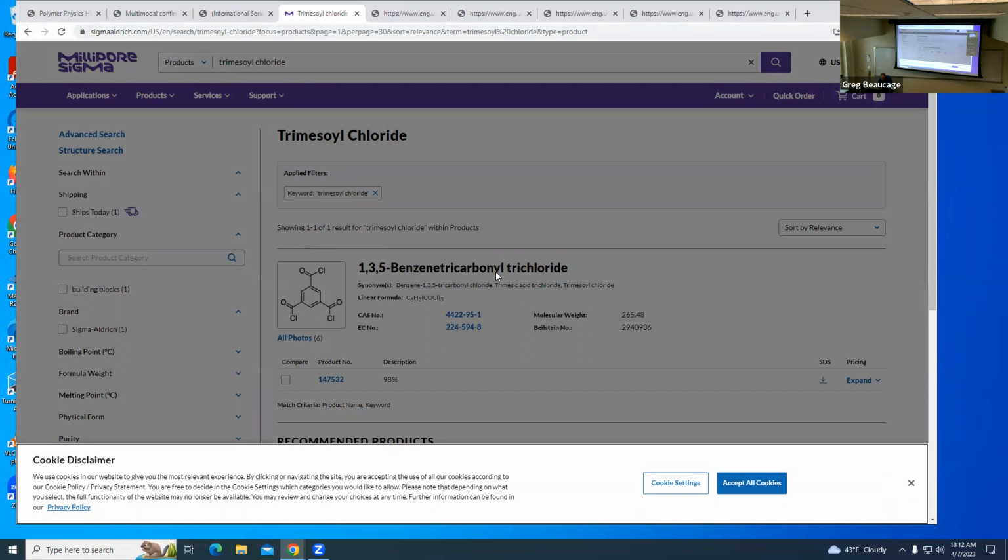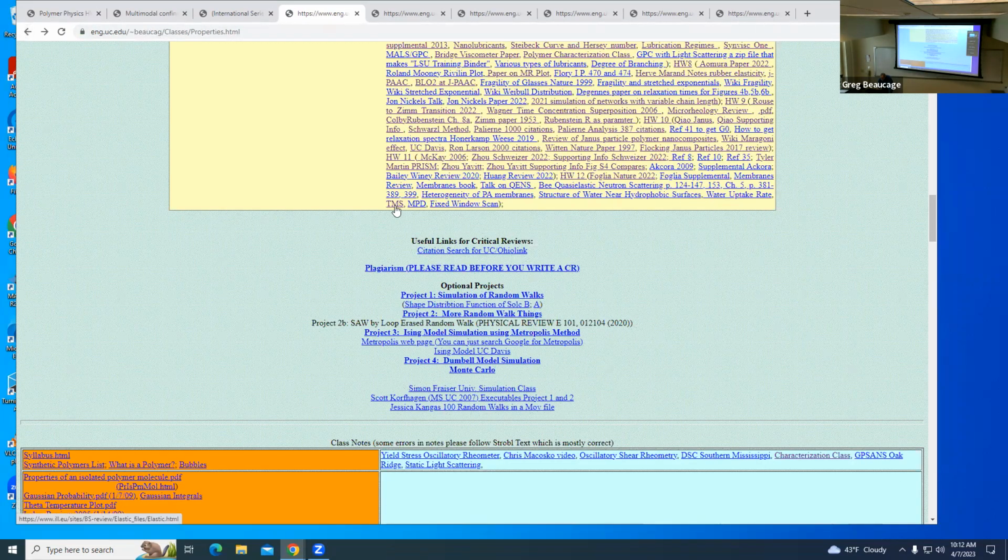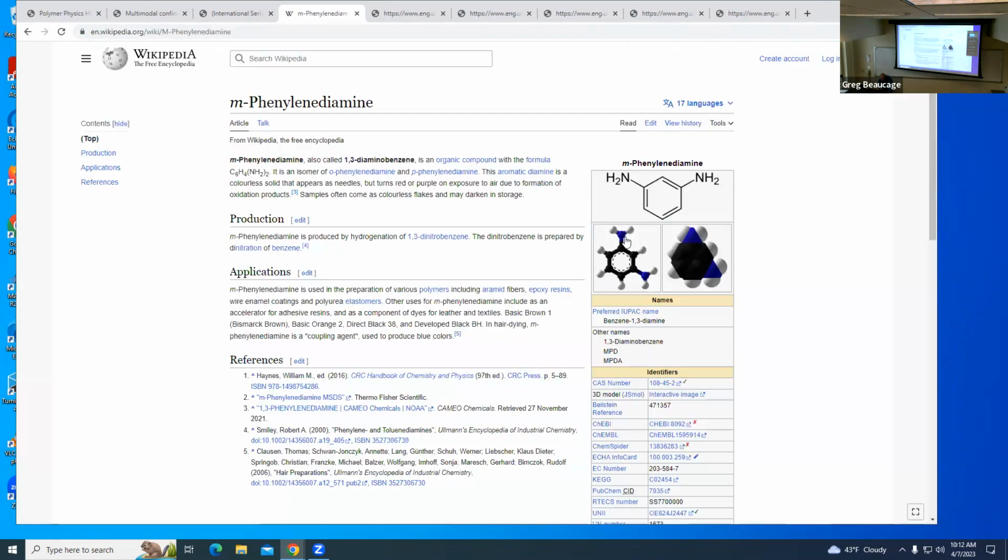Even though it's called benzyl carbonyl, whatever. So he calls it TMS in there. And the other one is MPD, which is the same kind of thing, an aromatic, but with two amine groups on it. That'll be a linear chunk.